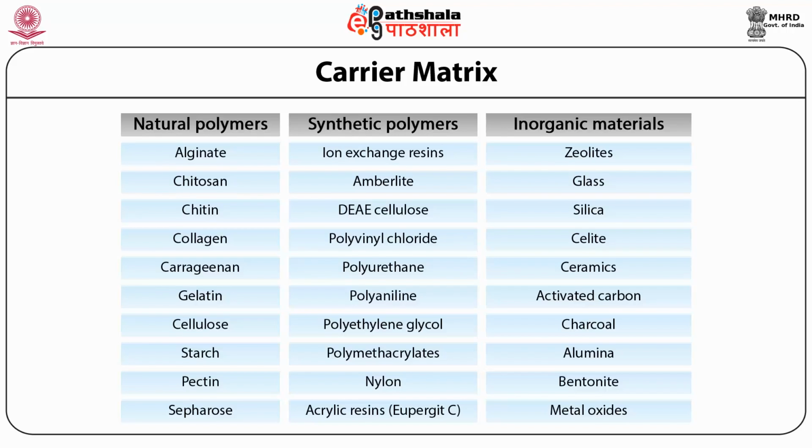The synthetic polymers include ion exchange resin, diacellulose, polyvinyl chloride, polyethylene glycol, nylon, etc. The inorganic materials include silica, zeolites, glasses, charcoal, aluminium, etc. In this way we have a number of natural, synthetic and inorganic materials or polymers that are used as a carrier matrix in immobilization.